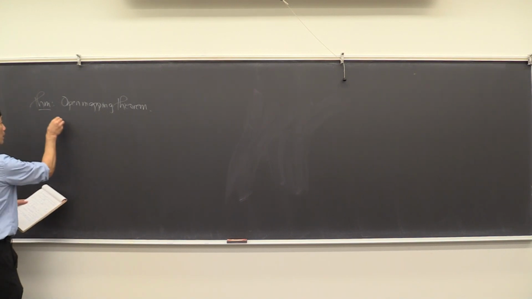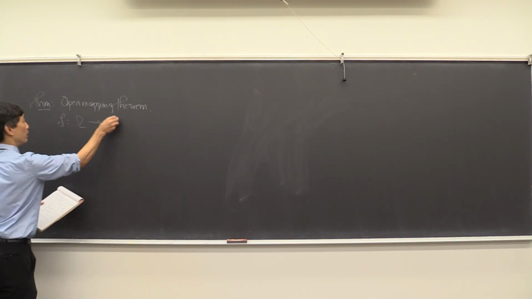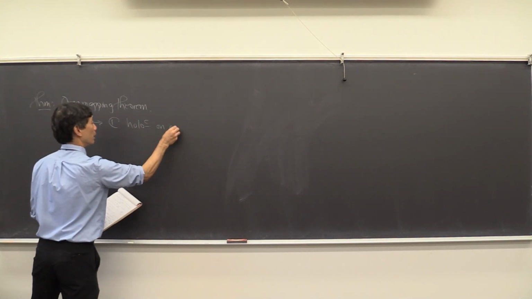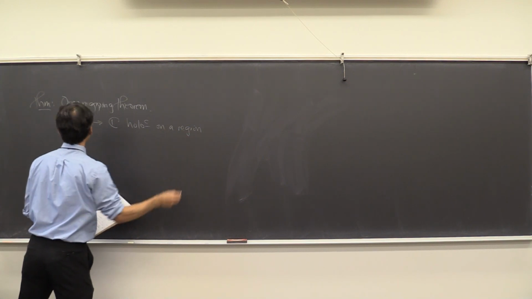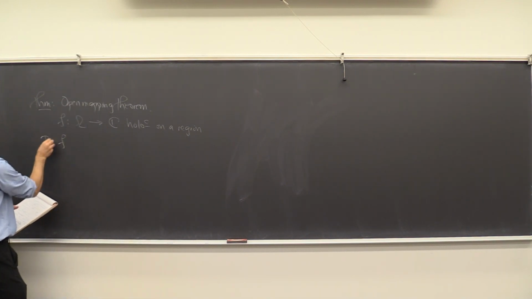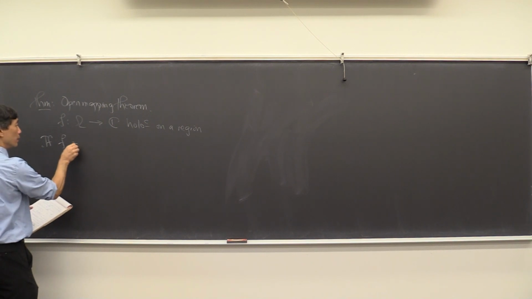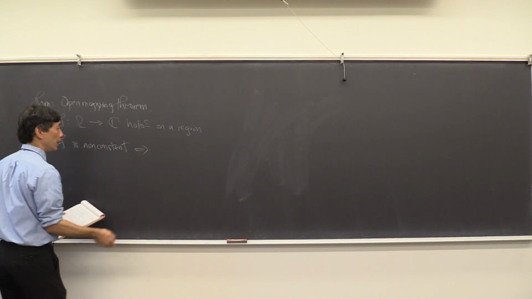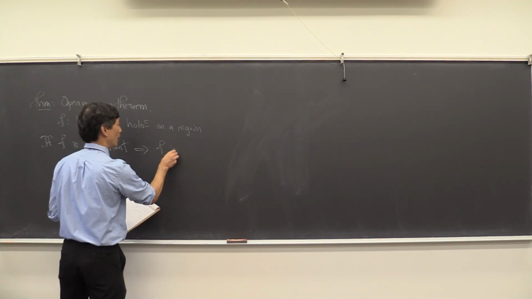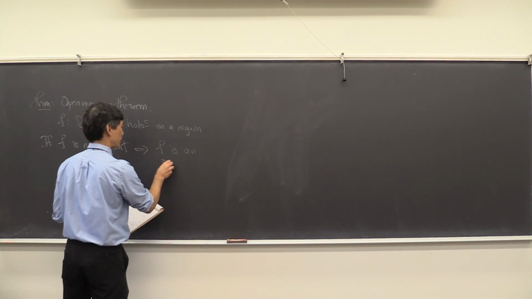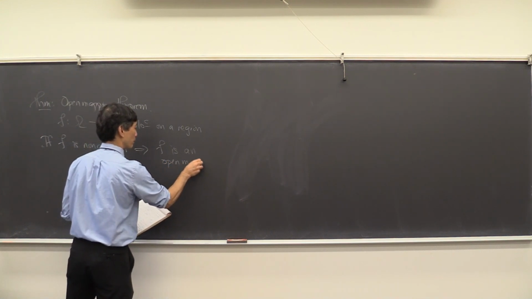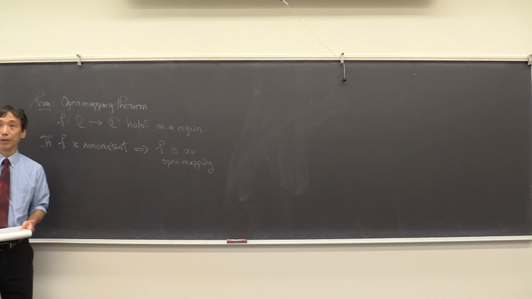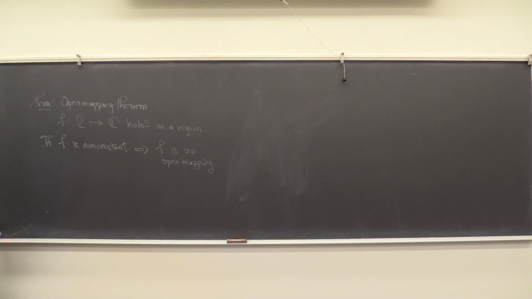So it says that whenever you have a holomorphic function on a region, as long as the function is non-constant, then the function is an open mapping. In other words, it maps open sets to open sets.